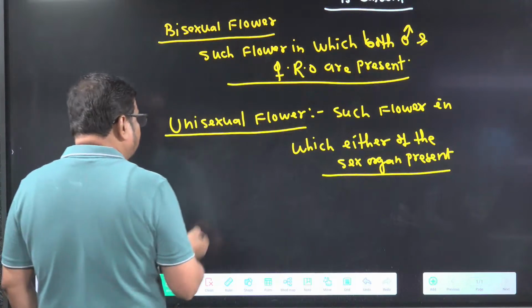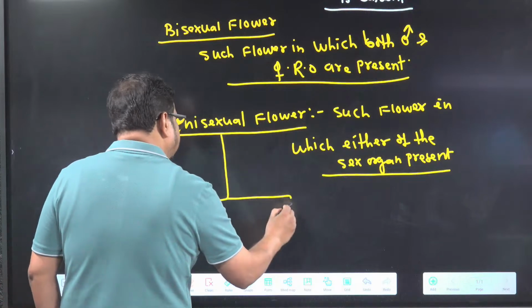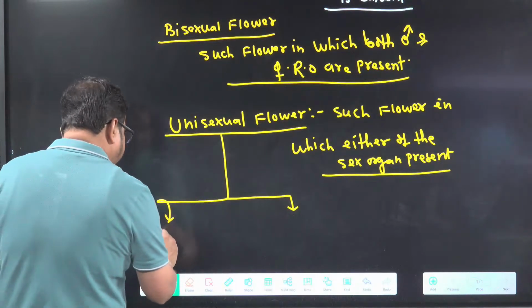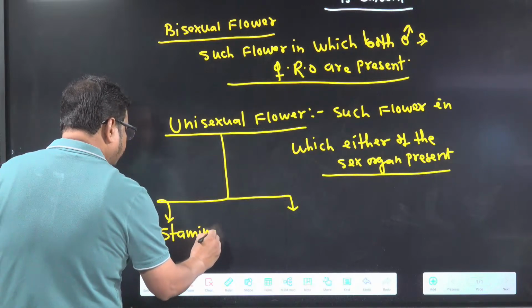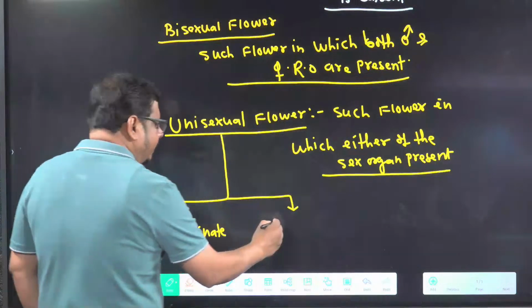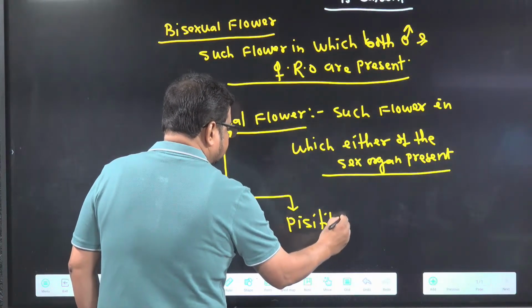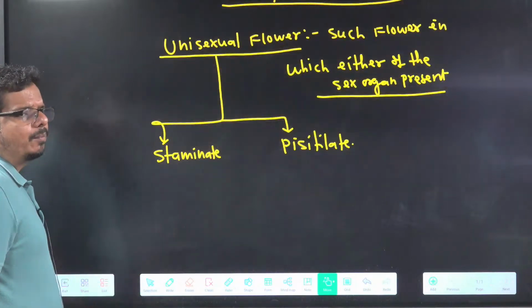So unisexual flower is of two types. One is staminate. Another one is pistillate. Staminate and pistillate, there are two types of unisexual flower.